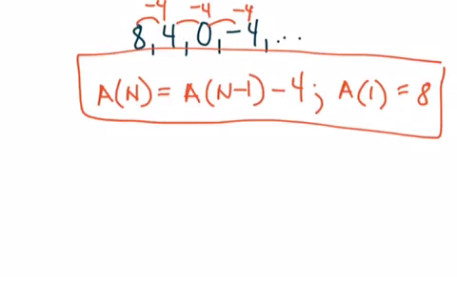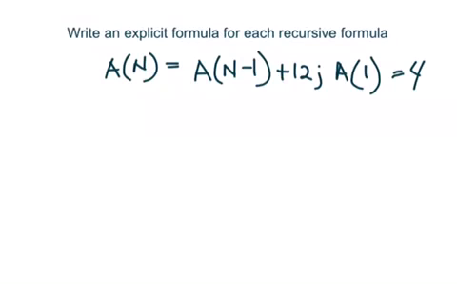Here we have to write an explicit formula for each recursive formula. The word explicit formula just means a plain old normal formula that does not require a previous term. Understanding this, first of all, this says that the term equals the previous term, whenever we see this symbol a of n minus 1, that translates to the previous term, plus 12, where the first term is 4.